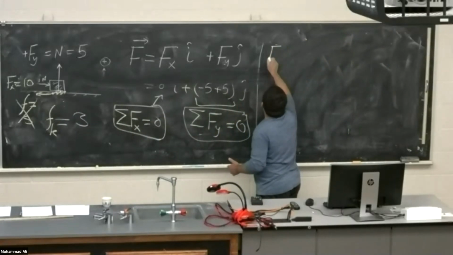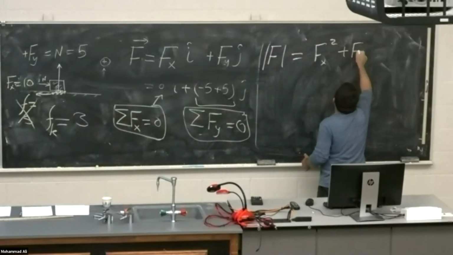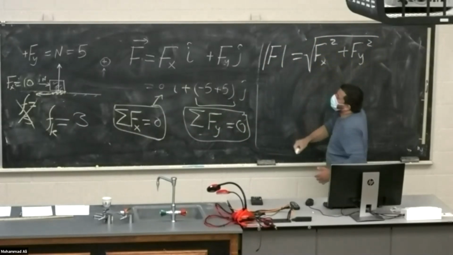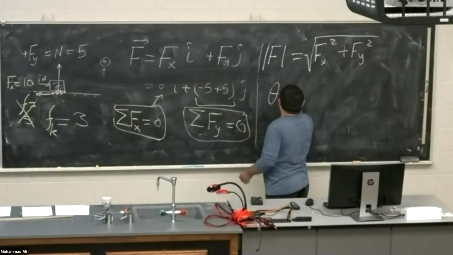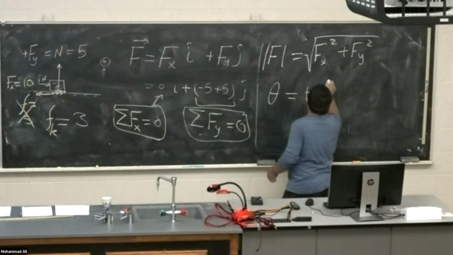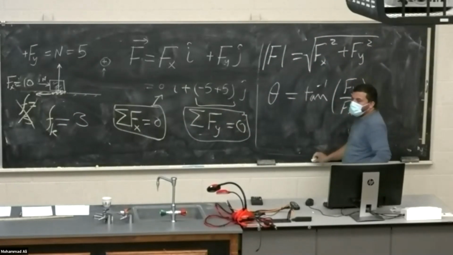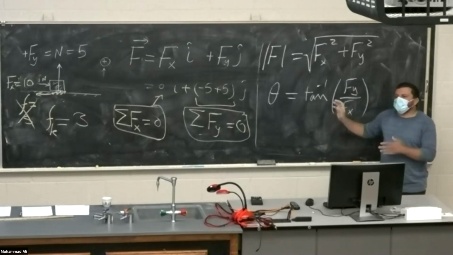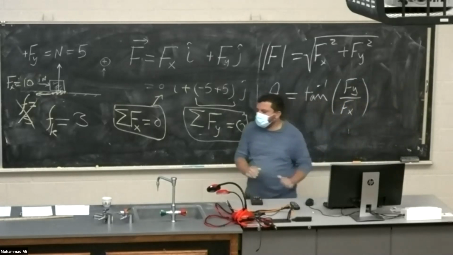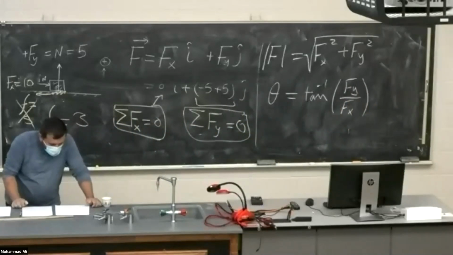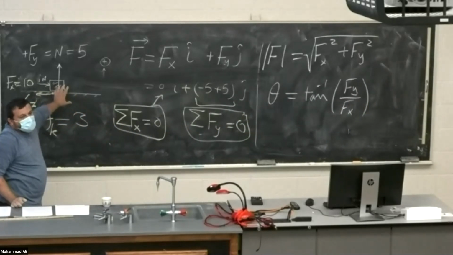The force is simply the square root of Fx squared plus Fy squared. This is the Pythagorean theorem. And what is the theta of that force, the direction of that force? It is tan inverse of Fy over Fx, as we know from before. And also we can use cosine inverse and sine inverse. Any question about that? We are now talking just about vectors.